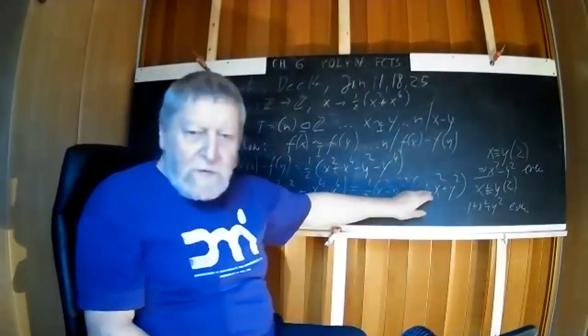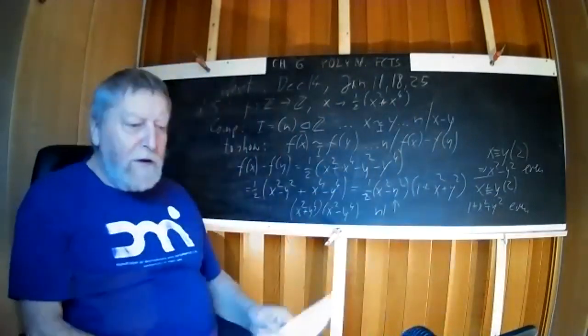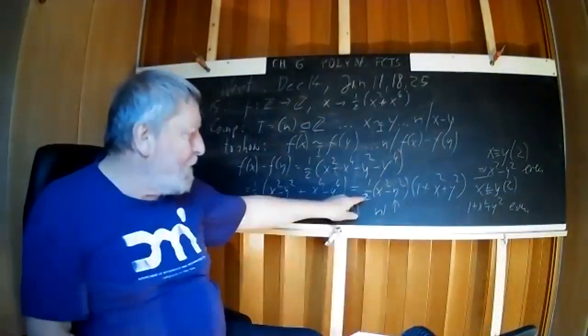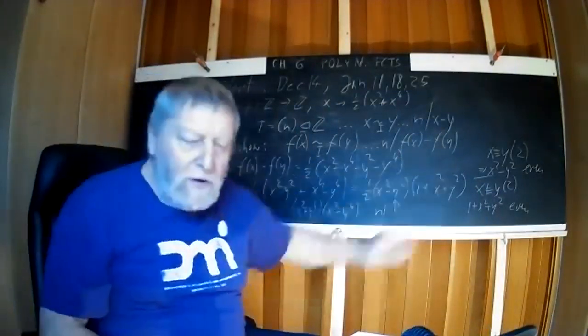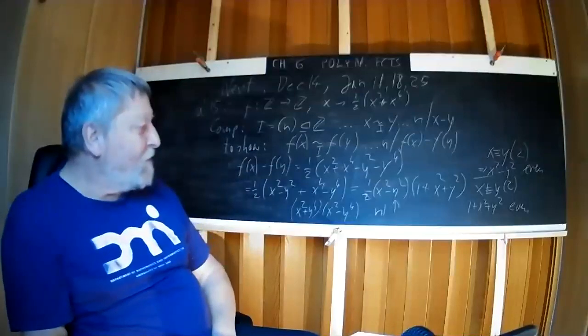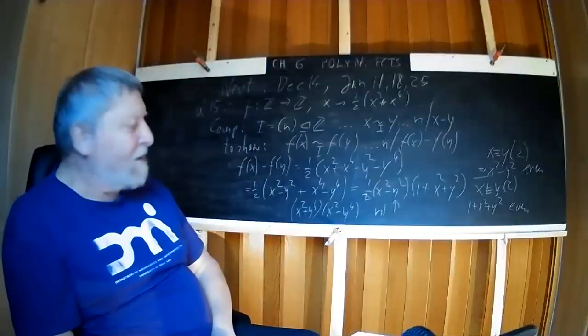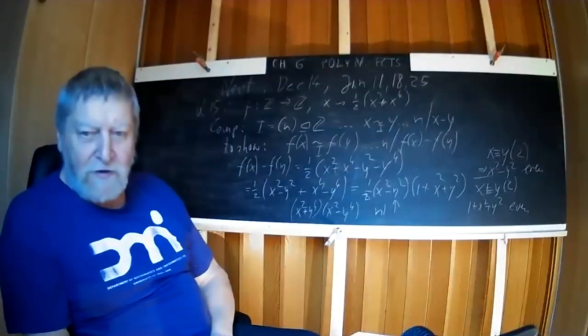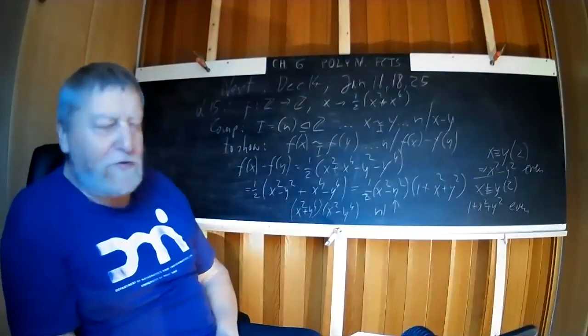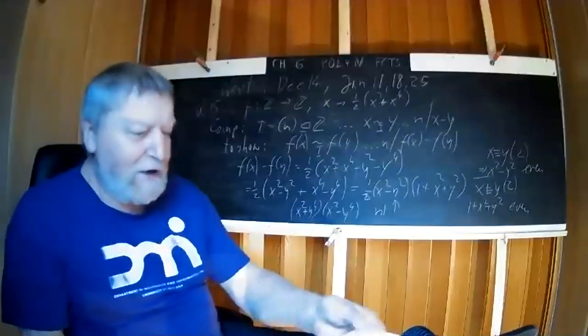So in all cases, the first or the second part is even, which means that we can divide by 2. And so n really divides the whole thing here. And so it shows that this is a compatible function, which is not a polynomial function. Okay, so these things really can happen.